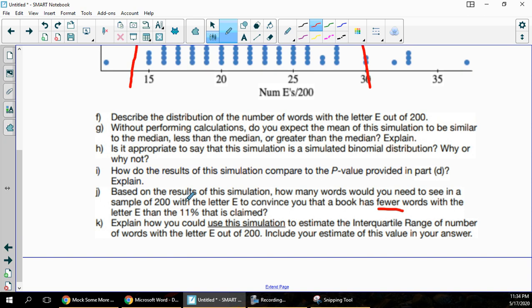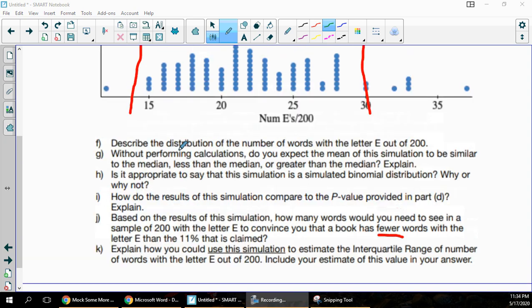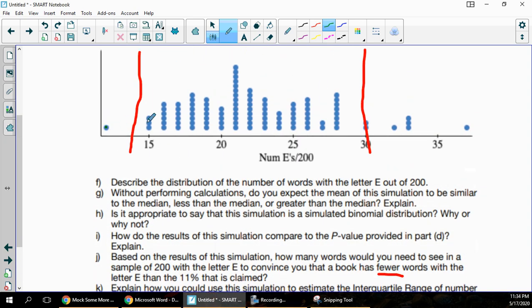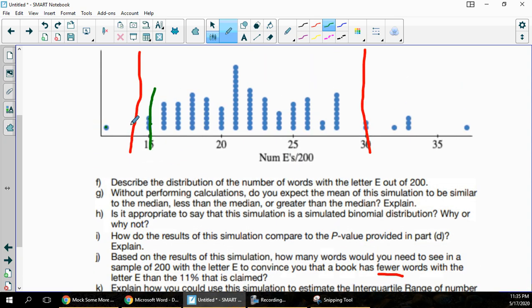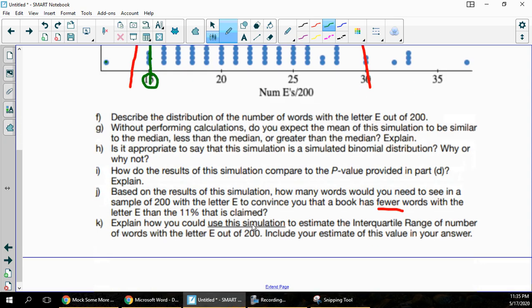If I stick with an alpha level of 5%, if I look at this graph here, 1, 2, 3, 4, well, if I had 15 or fewer, that would give me a p-value of 4%. That would do it right there. Because I only had 4 simulations that had 15 words with E's in them or less, and that would get that done.